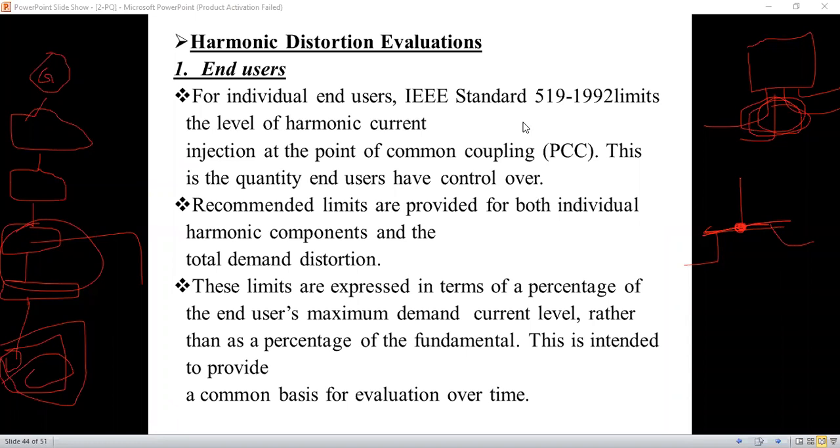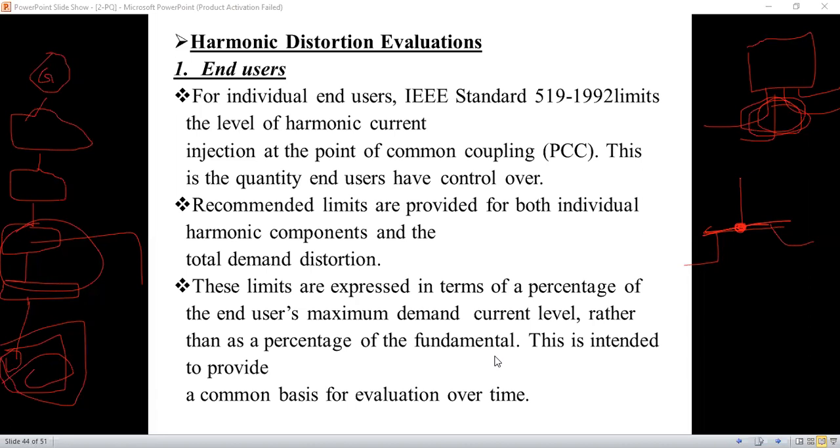Based on that, this is what they consider here. So the demand of the individual or end user, the maximum current level, we have to identify. Based on the percentage, we can limit it, 80%, 90%, 100%, like that. We consider that rather than a percentage of the fundamental. Instead of the fundamental level, we consider the end user's maximum demand current level.